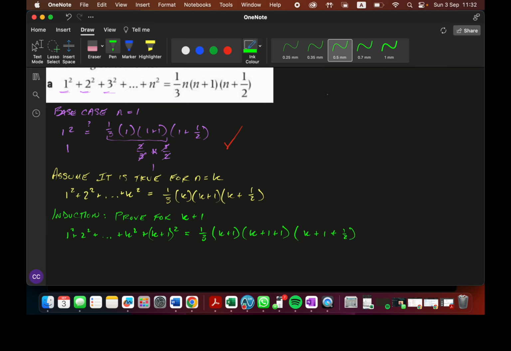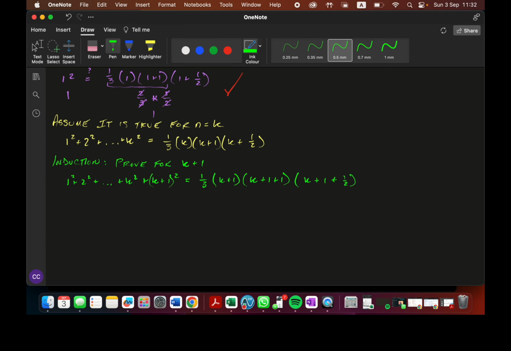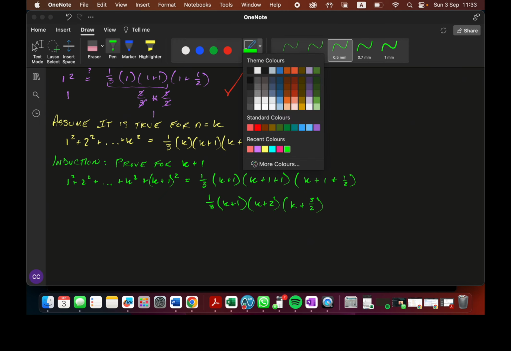All right, just for grins, I'm going to simplify some of my brackets here because I'm not sure if I'm going to need it, but it seems to me that I probably will. So combining my brackets, I'd get k plus 3/2. I'm just going to leave it like that for now because likely that's what it's going to come down to.